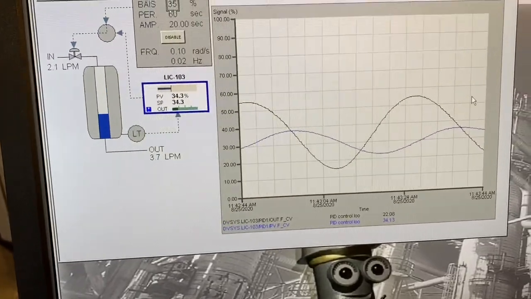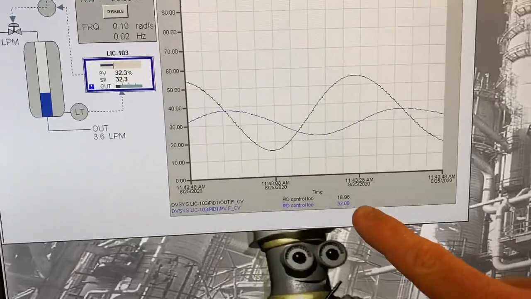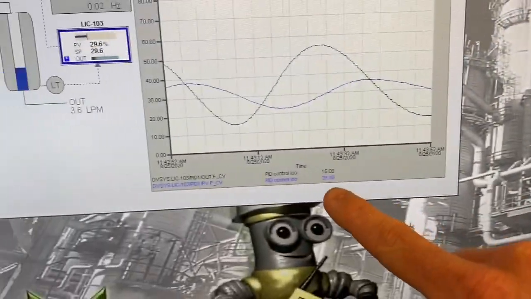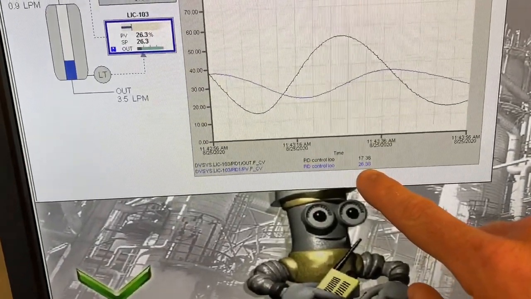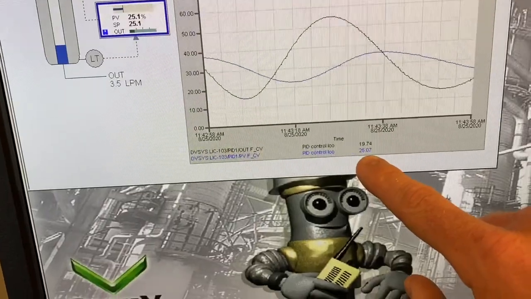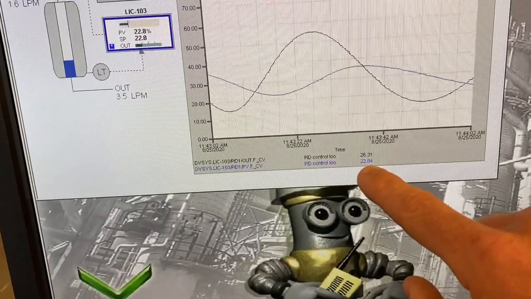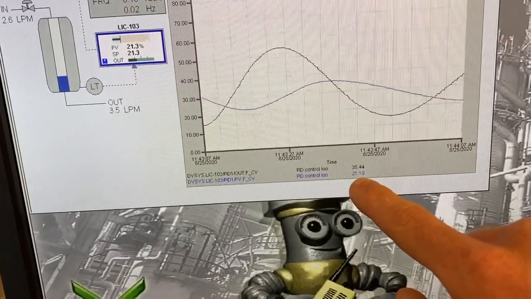To do that, we'll just quickly watch our process variable here. I guess we could also take this value right here. It's the same thing as looking over here. When it hits the bottom here, we want to write that number down. I'm going to take the difference between the peak to peak. So it looks like it should be turning around here soon.